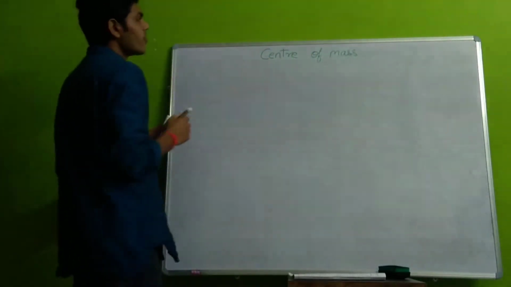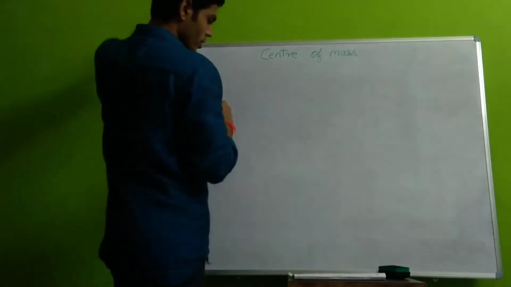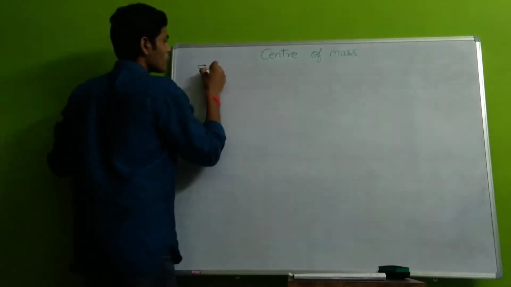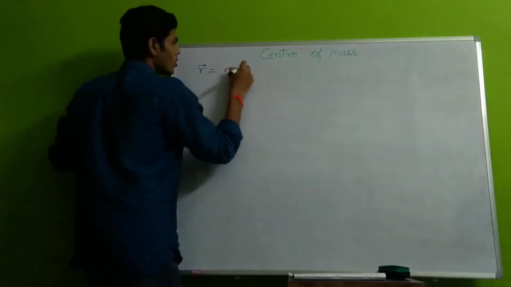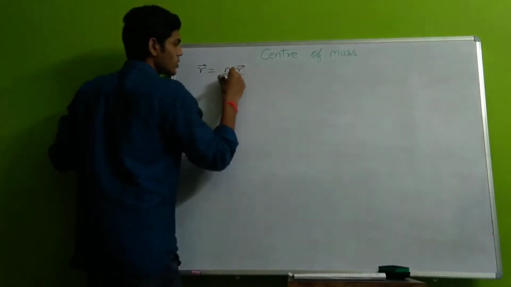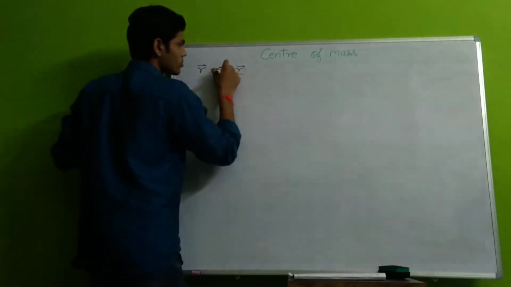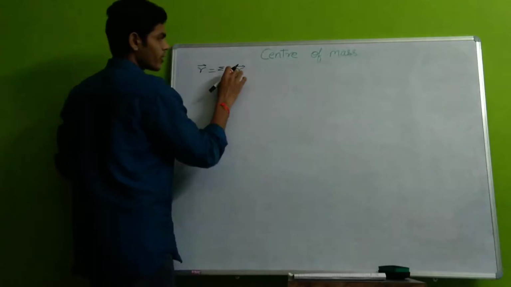So we define center of mass as a location such that the moment of masses around that position is zero. What is moment of mass?